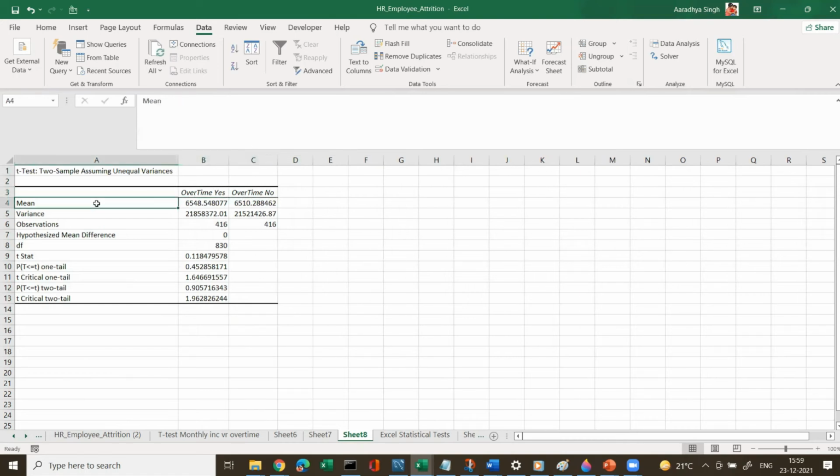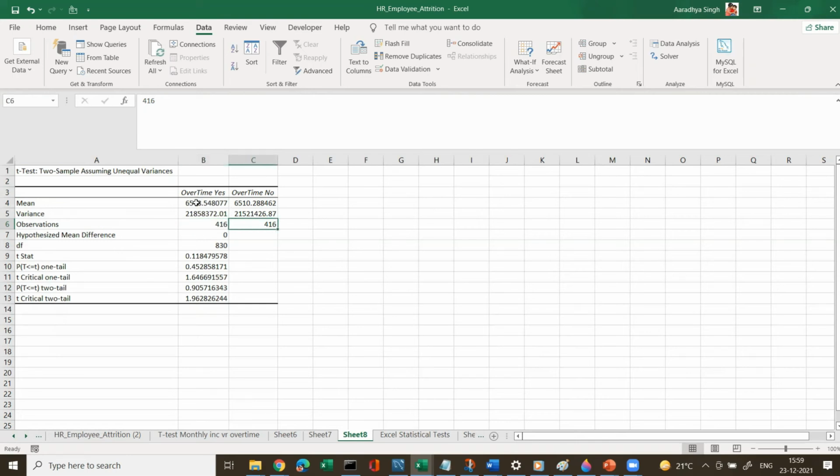If you see the average of the samples that we had taken, the average monthly income is 6,548 for overtime and 6,510 for no overtime. The overtime group is slightly higher in their monthly income. We have taken the same number of samples in both the categories, so sampling is not an issue.